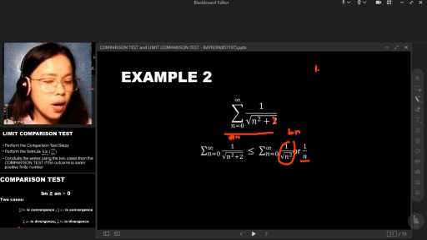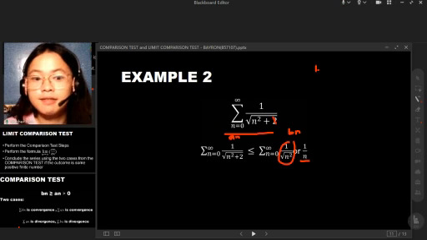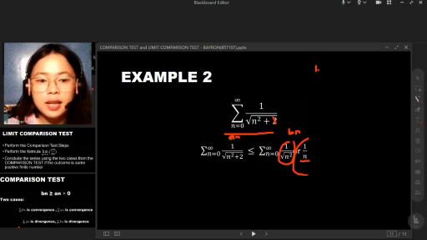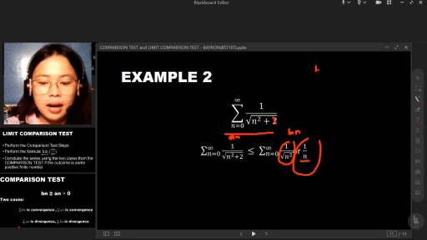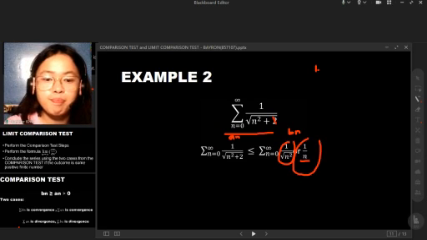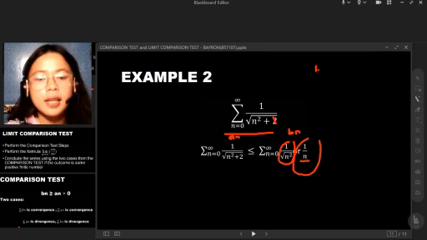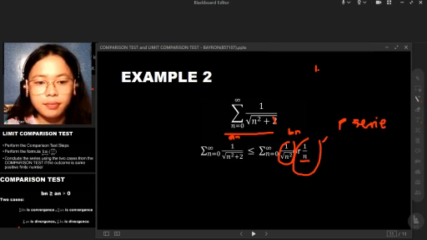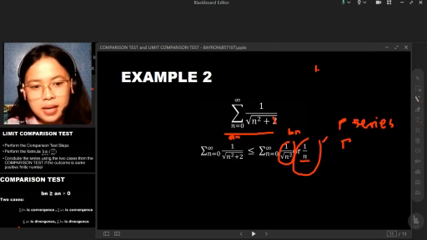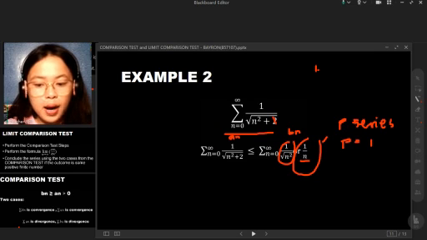Take note that 1 over n is a p series. So p is equal to 1.